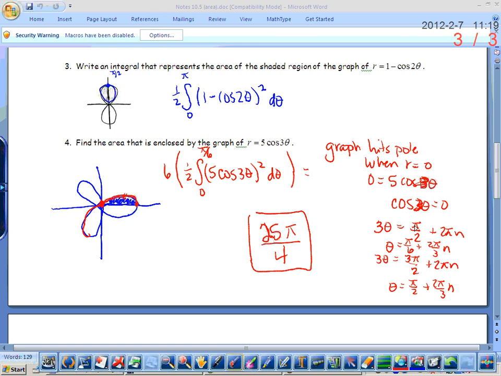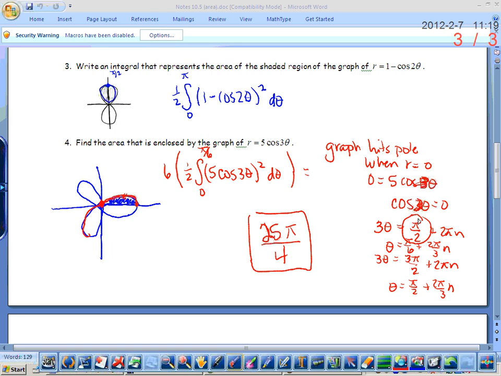Okay, now over here when I solved this equation equal to 0 to figure out where that graph hit the pole, the beauty of picking the easiest region to find that area of and then multiplying it according to the symmetry is that if you pick the right region, then all I had to do was find this first pi over 2 value and divide that by 3 and get the pi over 6.